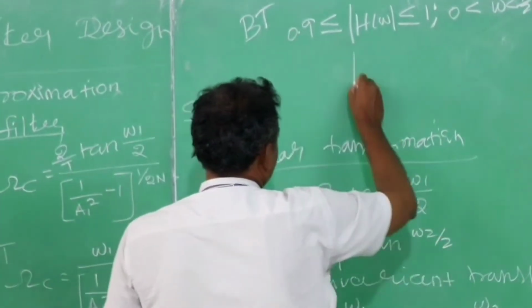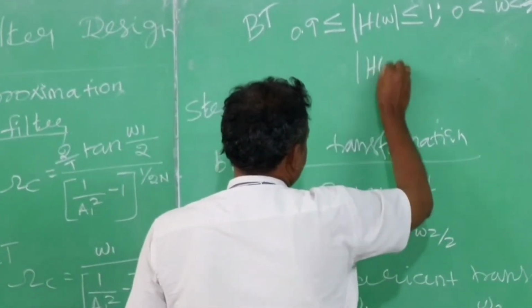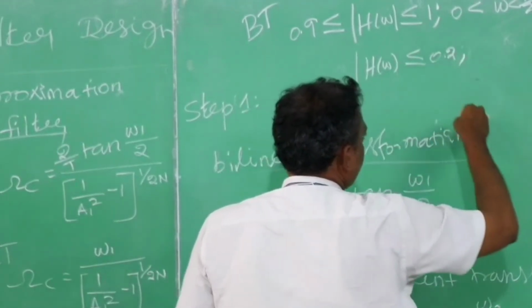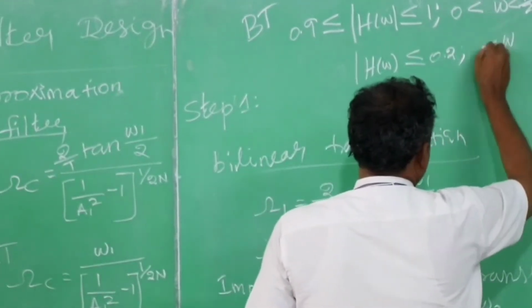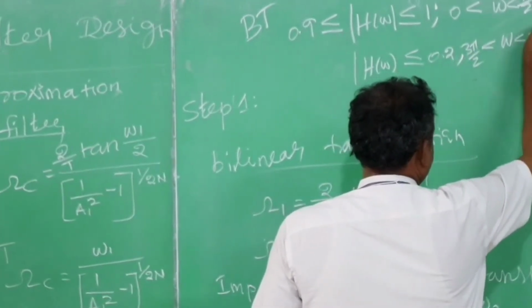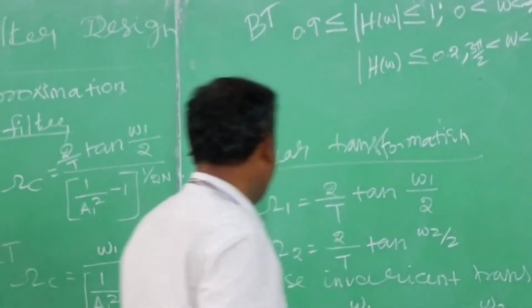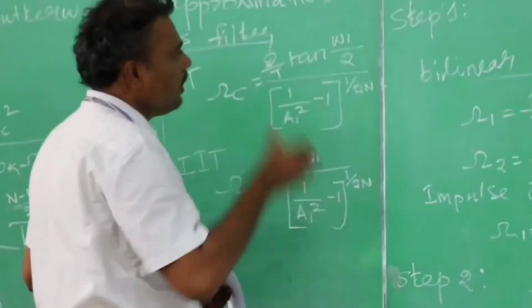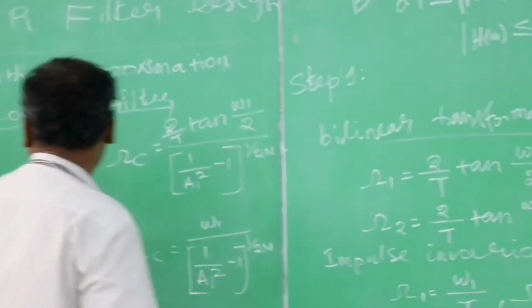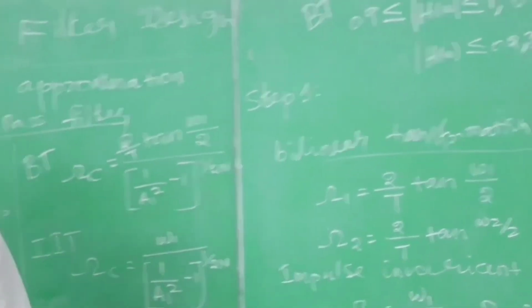The other specification is mod of H(omega) less than or equal to 0.2, where omega varies from 3 pi by 2 to pi. These are the specifications given in this problem.